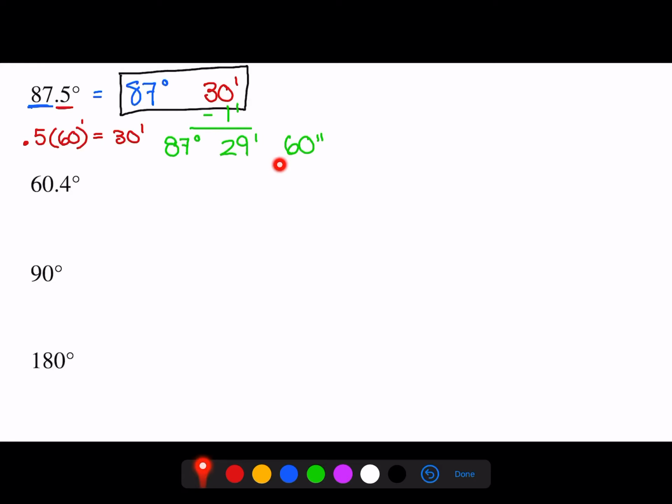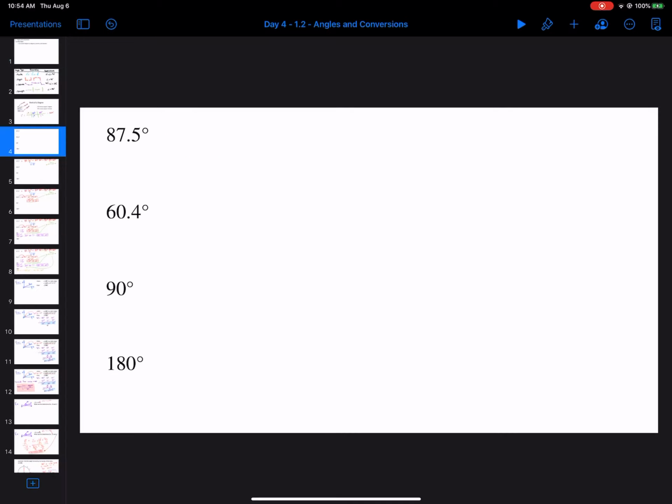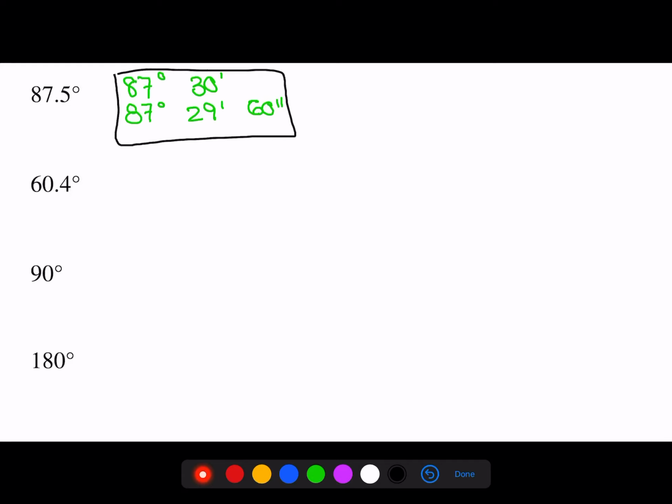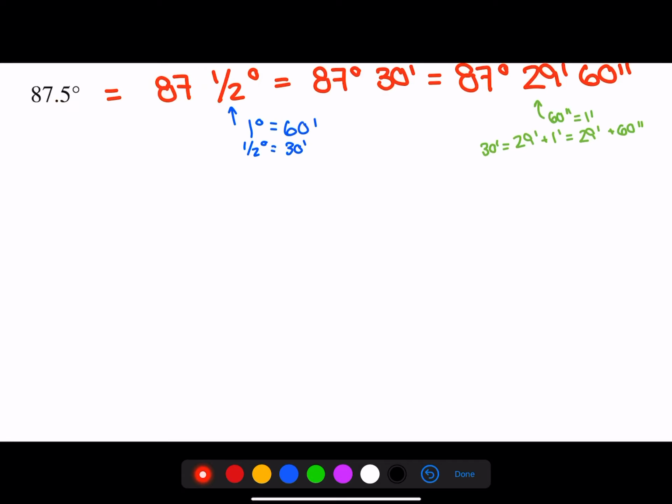So again, 60 seconds is equal to the 1 minute. And that's where the 60 came from, the 1 minute. And this is also an acceptable answer. 87 degrees. Sorry, I had that up here. So I had 87 degrees and 30 minutes, or 87 degrees, 29 minutes, and 60 seconds. Both of these are acceptable answers for us. Next up.